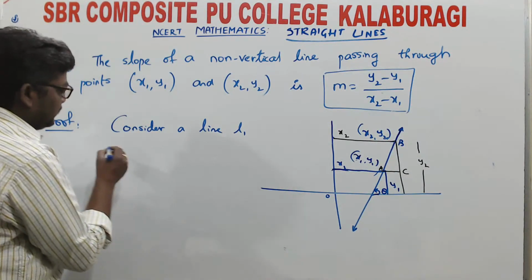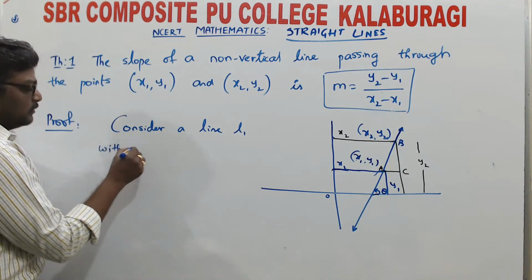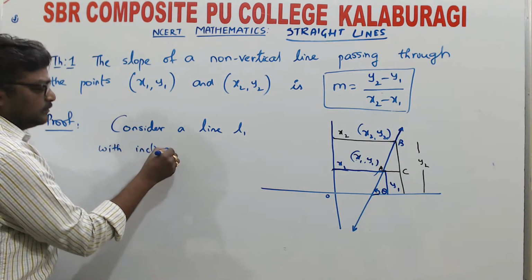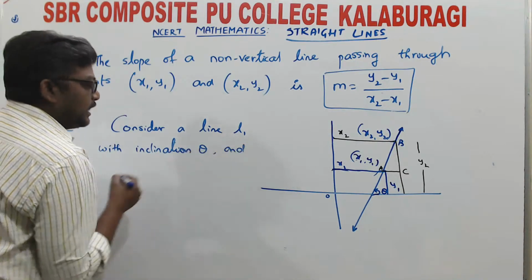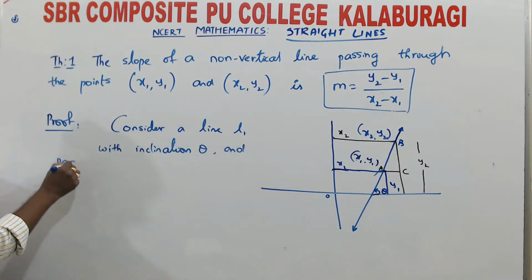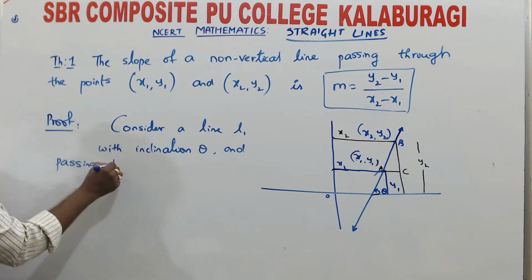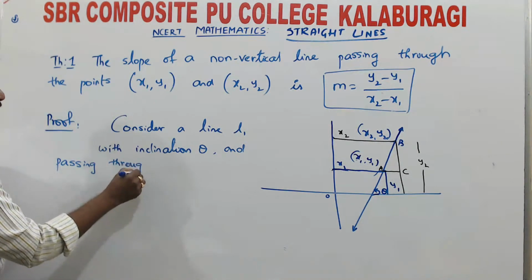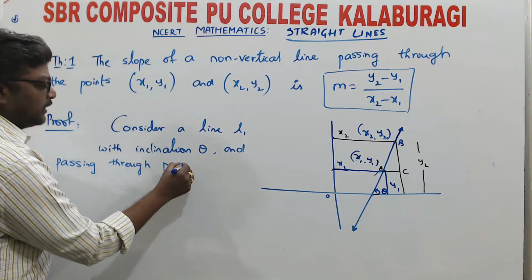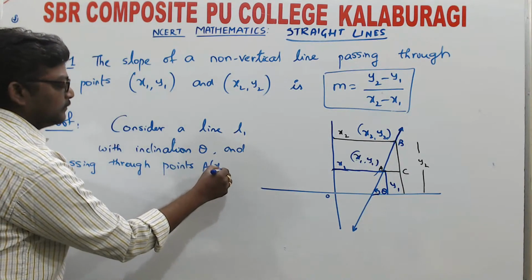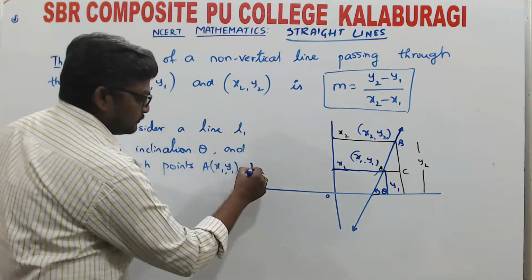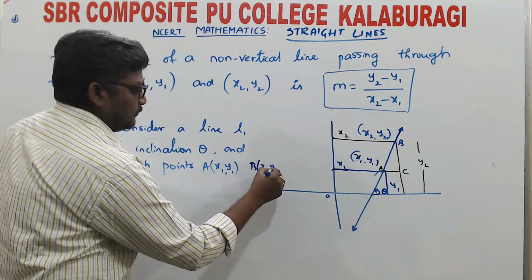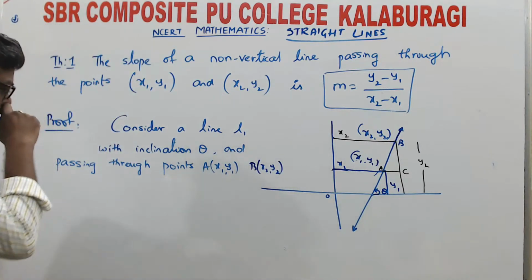Now what we have done? Consider line L1 with inclination theta and passing through points A, x1 y1, B, x2 y2.